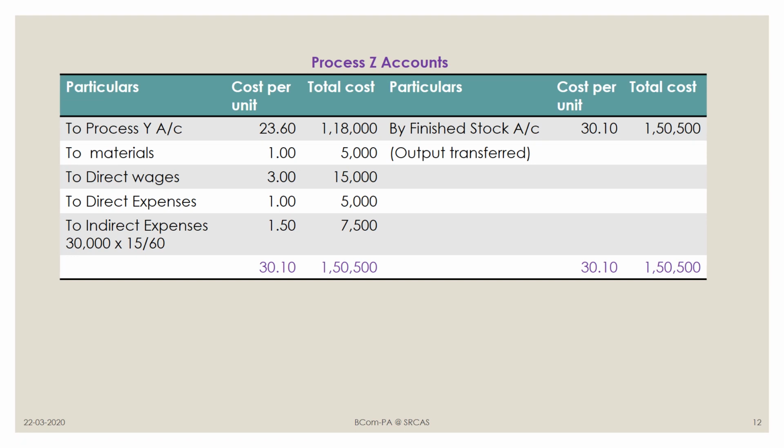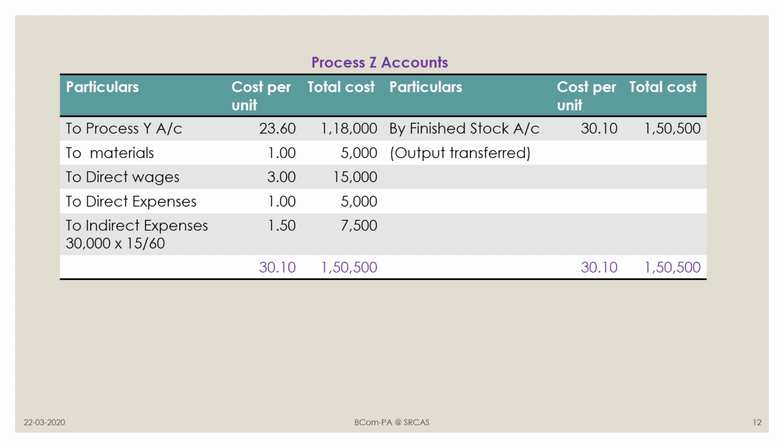On the debit side, you have the debit which you have got from process Y account and all other expenses related to process Z account. And the output is 1,50,500, which divided by 5,000 units, you will get 30 rupees 10 paise. And this will be transferred to finished stock account.